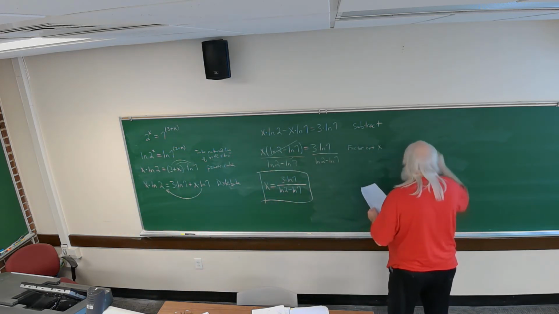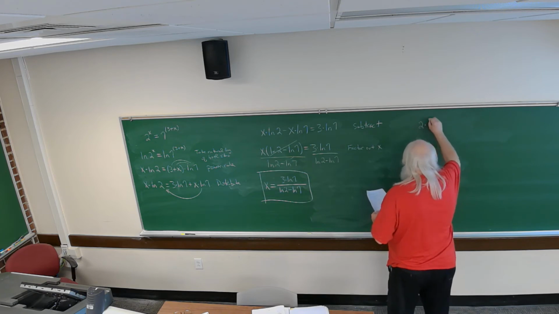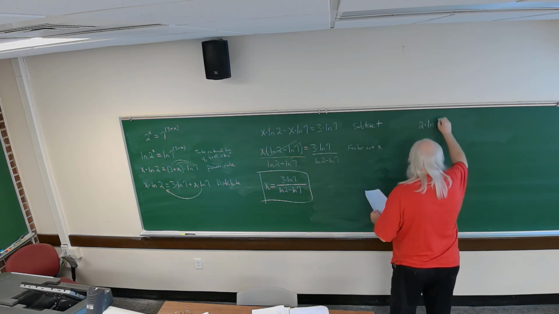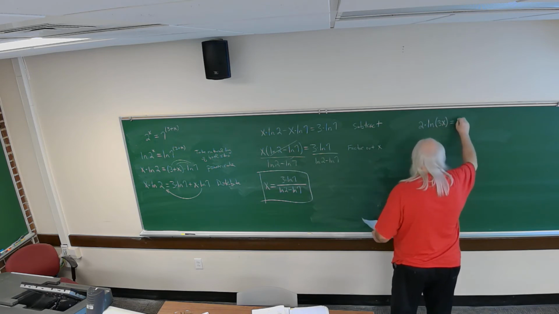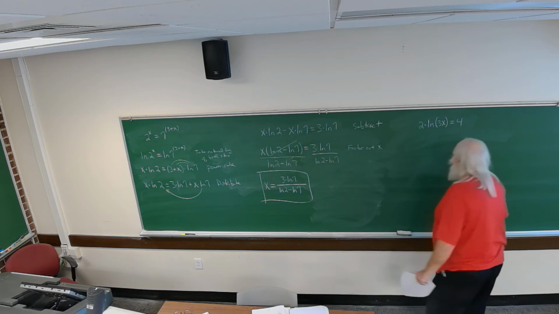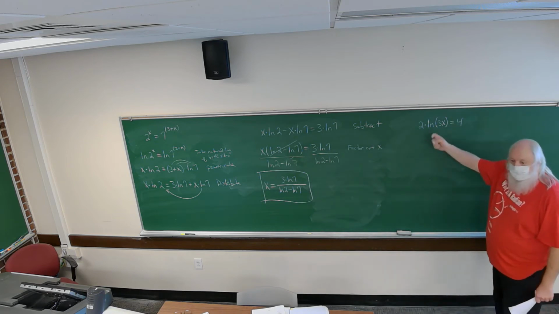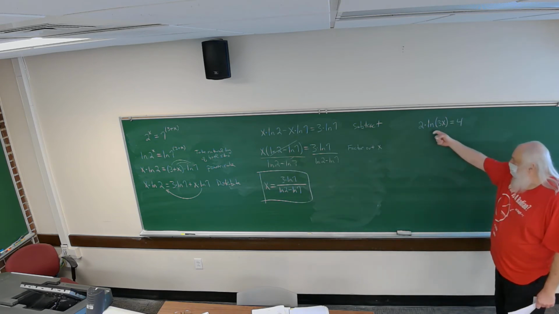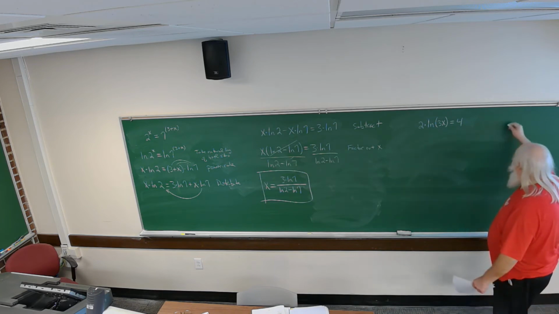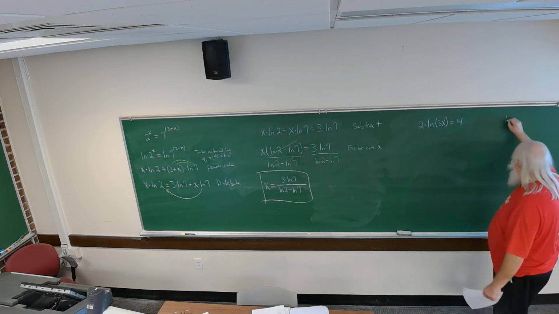All right, in D, we have 2 times the natural log of 3x is equal to 4. Now remember, when I told you the natural log function is a special function, sometimes we drop the parentheses.